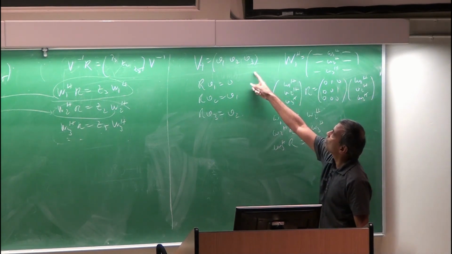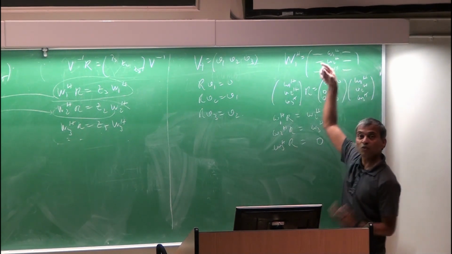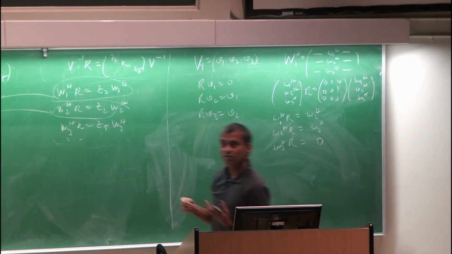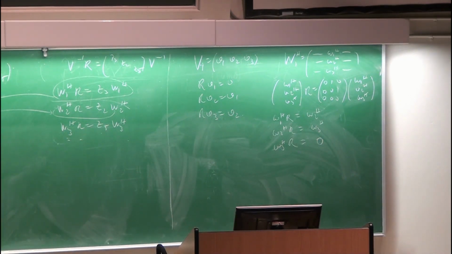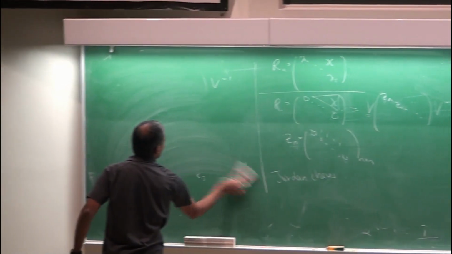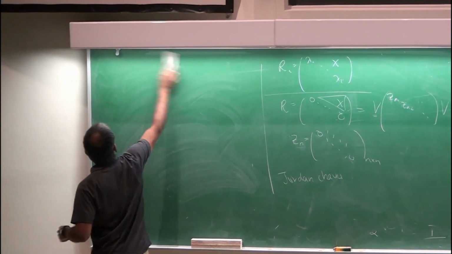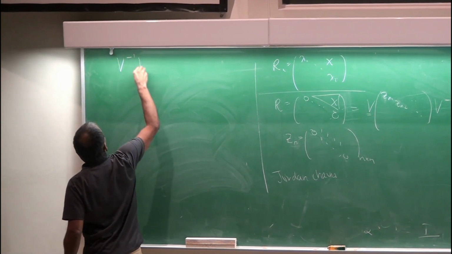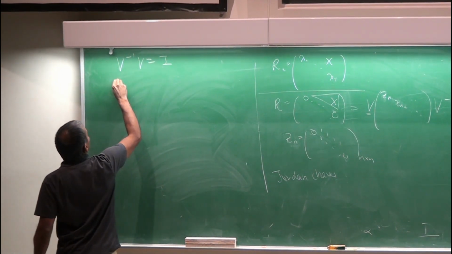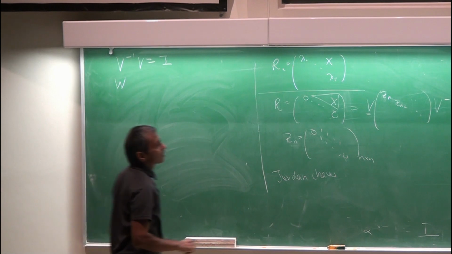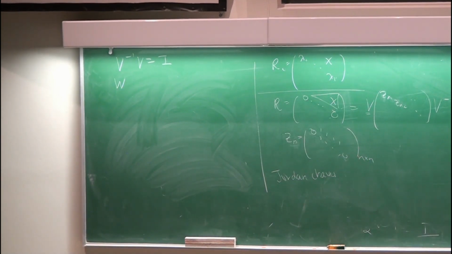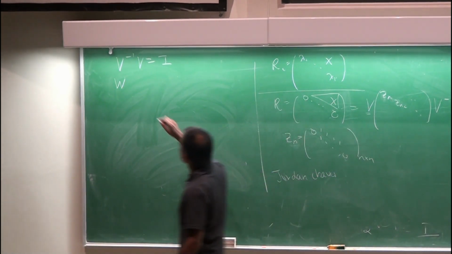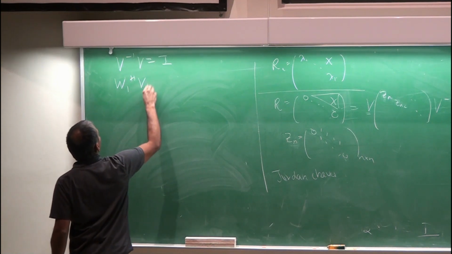And of course, these 3 columns and these 3 columns are related to each other. Why? Because they are part of V and V inverse. So we know from this equation, V inverse V is equal to identity, that W1H times V1 is equal to identity.